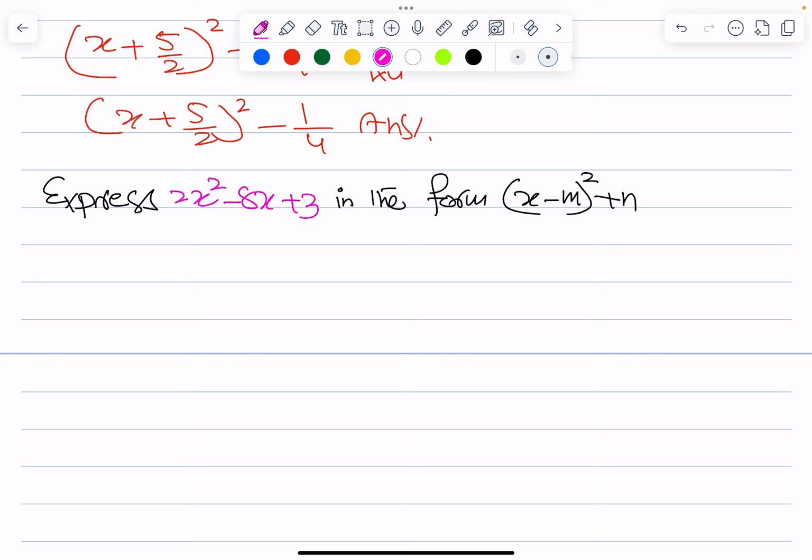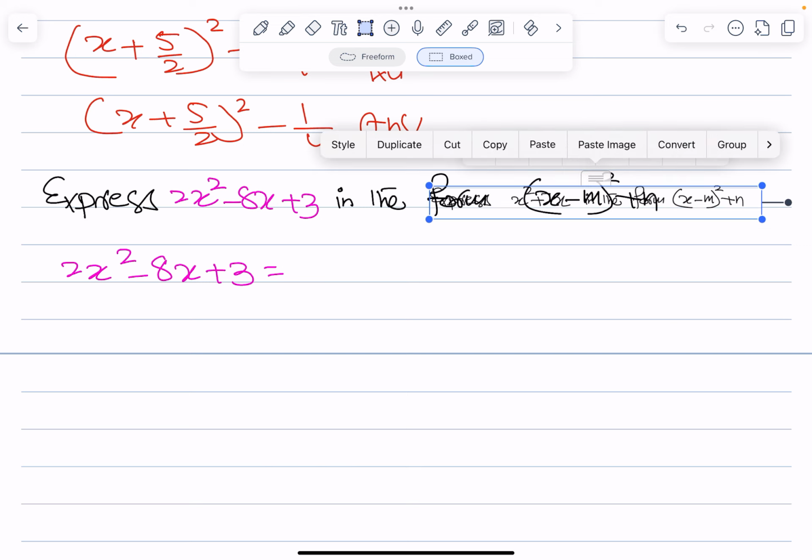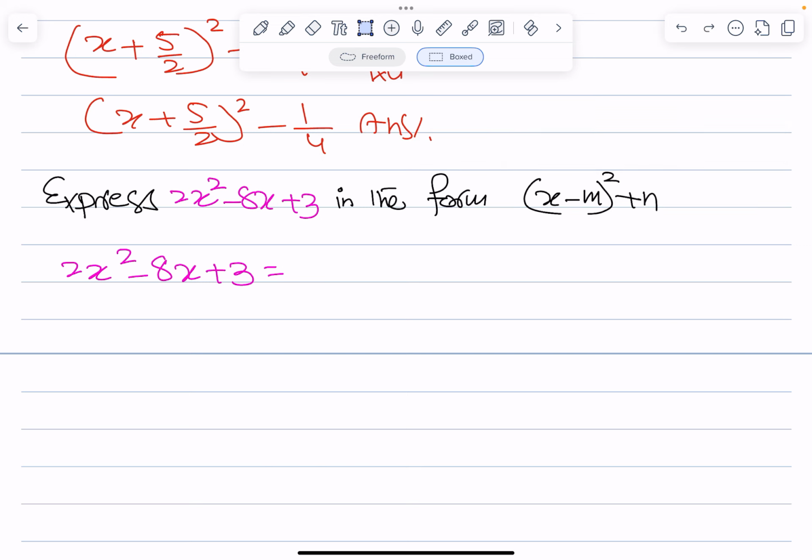So 2x square minus 8x plus 3 will be equal to, this time, we convert it into this form: a times x minus m whole square plus n.